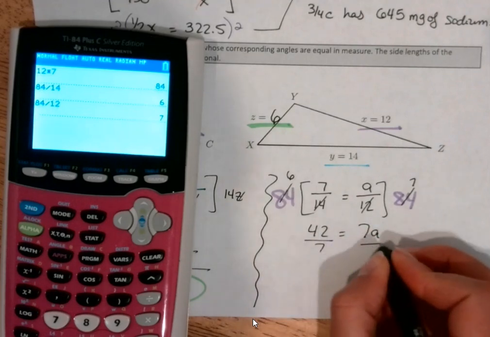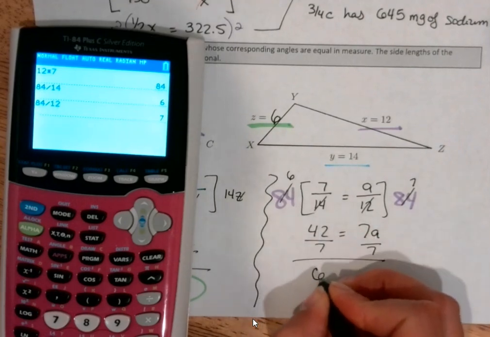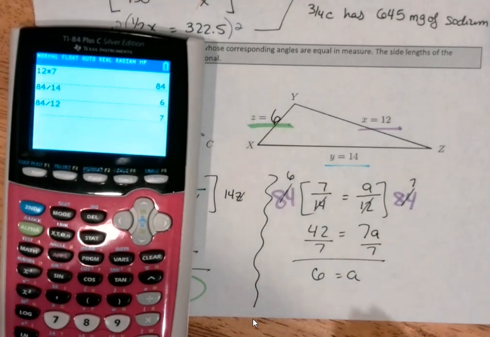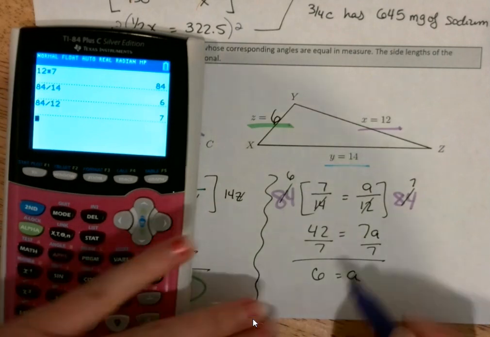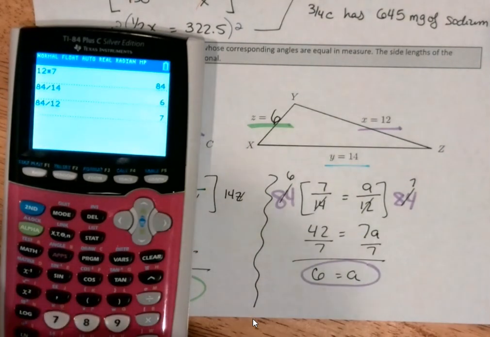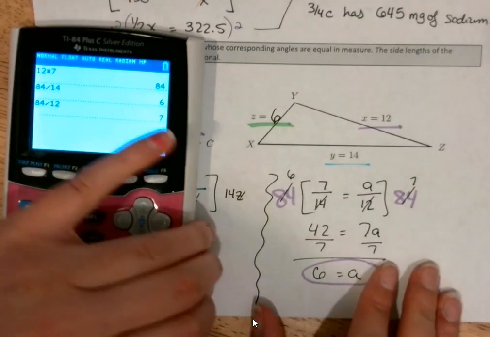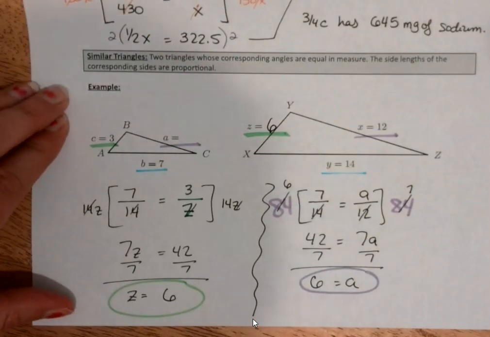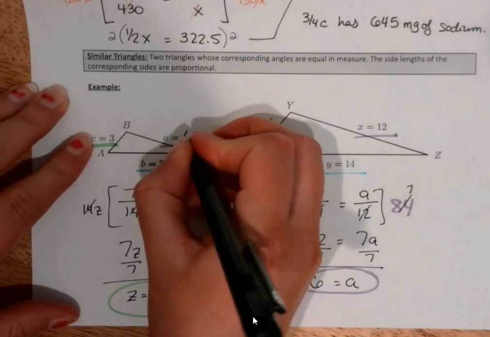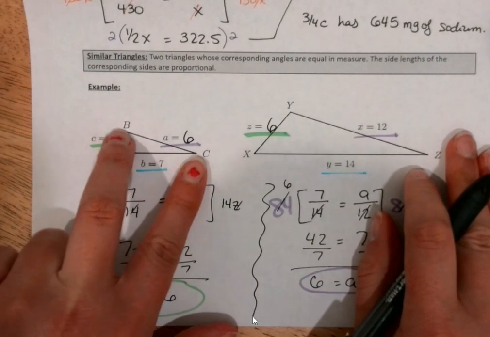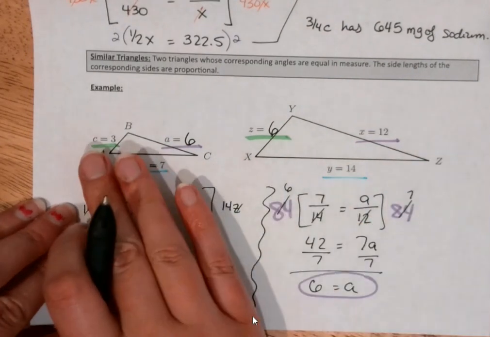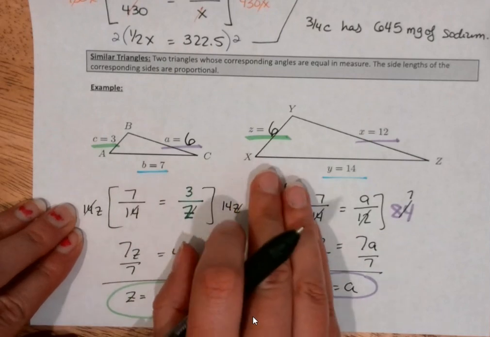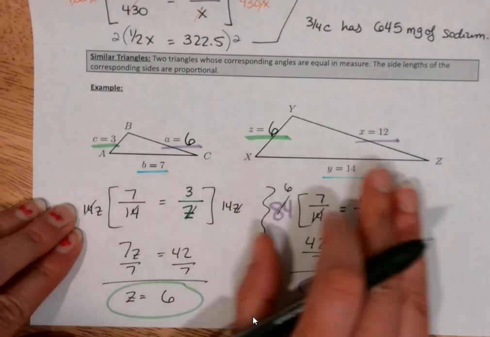Divide by 7, divide by 7, I get 6 for A. Coincidence, I happened to get 6 for both of them. It just shows the way these were set up, but that's cool. So our A value is 6. These pictures may not be to scale, but it doesn't look too far off that this side and this side could be the same length. So one of these is 3, 6, 7. The other one is 6, 12, 14.